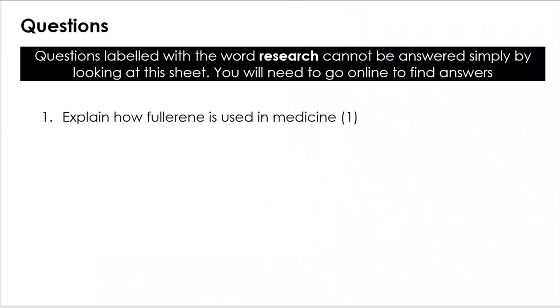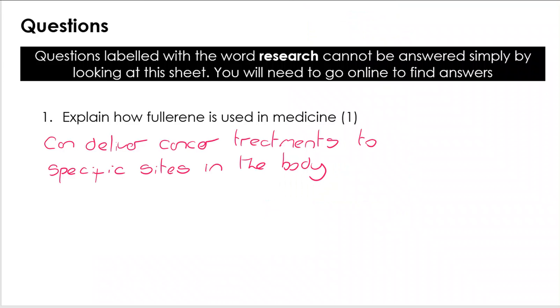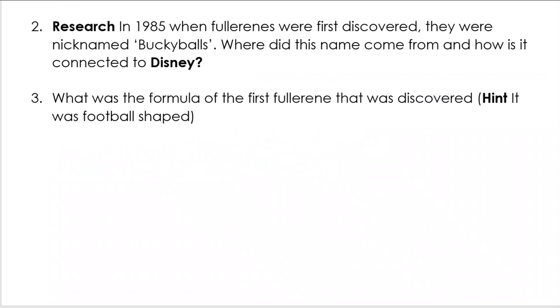So in terms of how fullerene is used in medicine, well, we've already said that it can be used to help deliver, for example, cancer treatments to specific sites in the body. It provides a cage to carry the medication there. A couple of questions here, not so important for the exam that you might be doing, but the name actually comes from Buckminster fullerene, buckyballs.